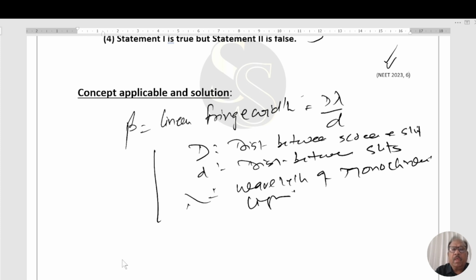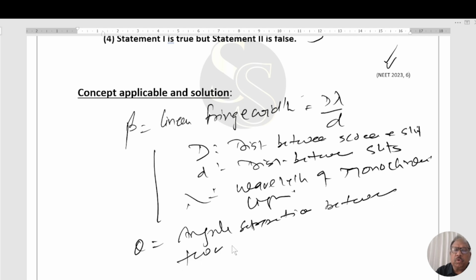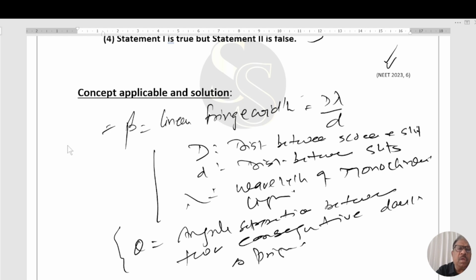Theta is the angular separation between two consecutive dark or bright fringes, while beta is the linear distance between two consecutive dark or bright fringes.